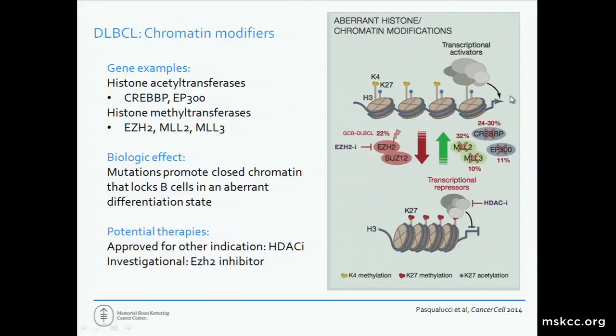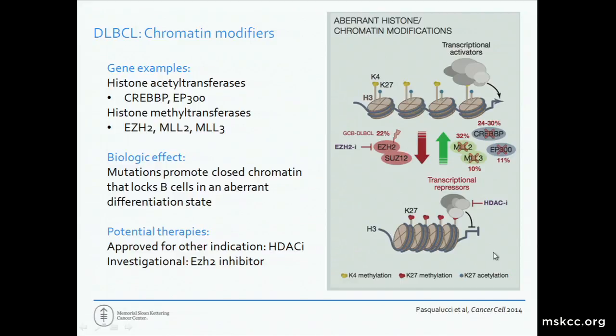The balance of this active and closed chromatin is important for B cell development, and particularly in the germinal center. And what was observed was that there were a variety of mutations in these enzymes, the net effect of which was to drive the chromatin state into this repressed environment.